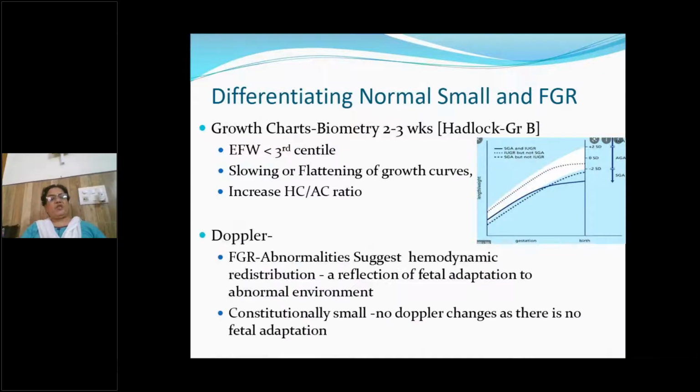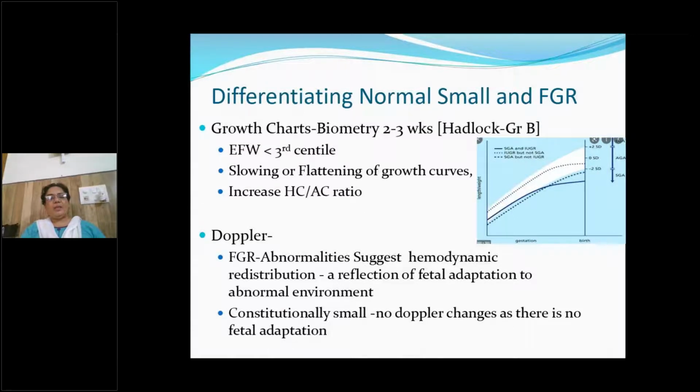Another modality which helps us in differentiating a constitutionally small and a growth restricted baby is Doppler changes. If the baby is constitutionally small, it will not be subjected to any stress, and so there will not be any adaptation, so no Doppler changes.